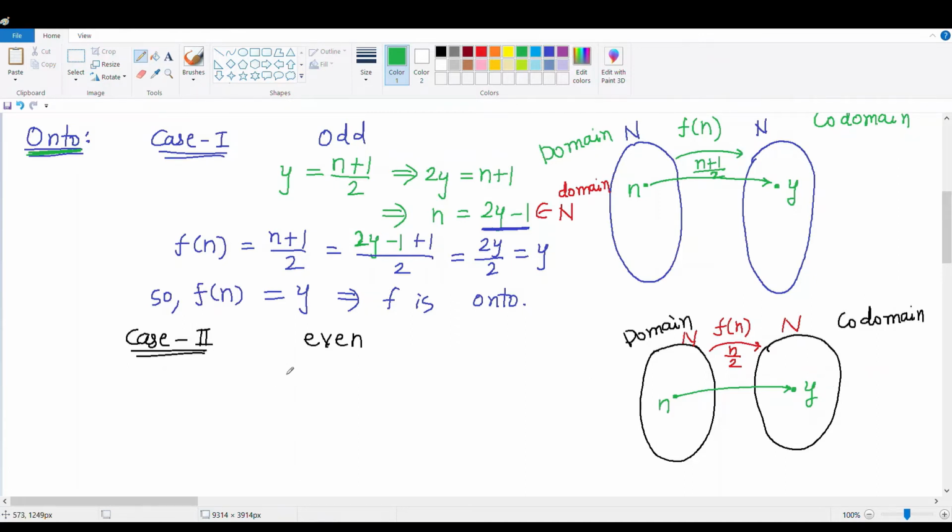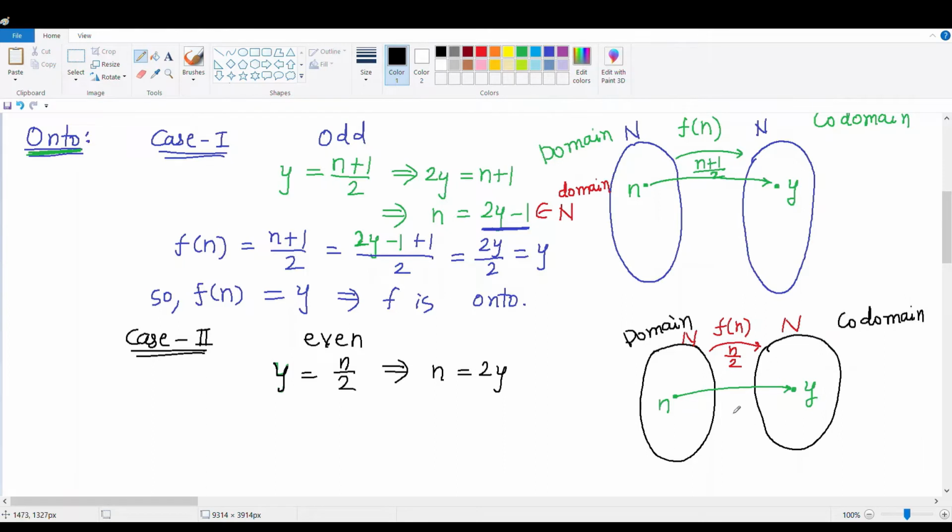So that means in this case our y is equal to n over 2, because that's what our function says when the number is even. And when y is n over 2, that means your n is going to be 2y. Now think: will you have 2y in your domain? Of course. Why? Because y is a natural number.